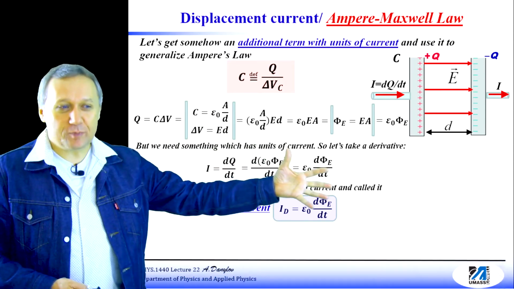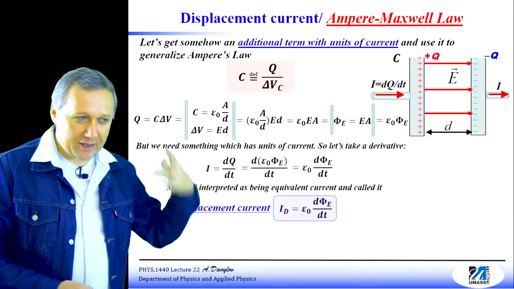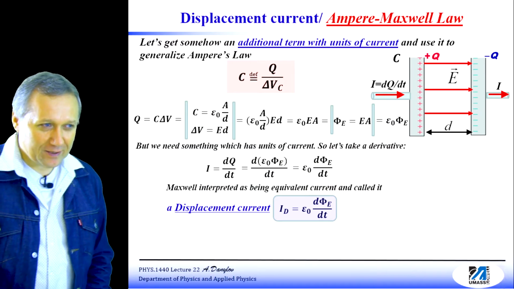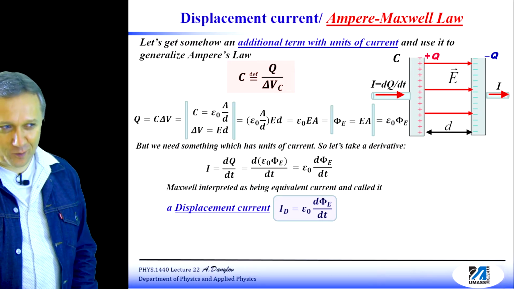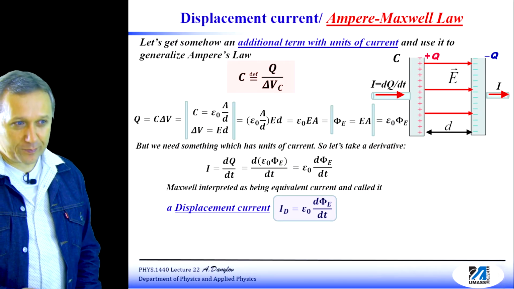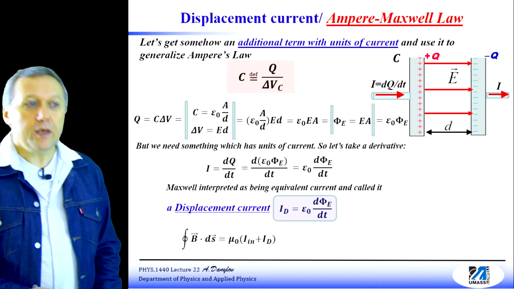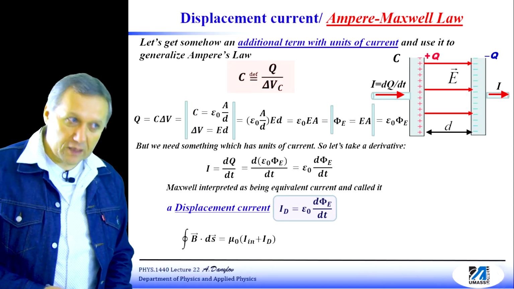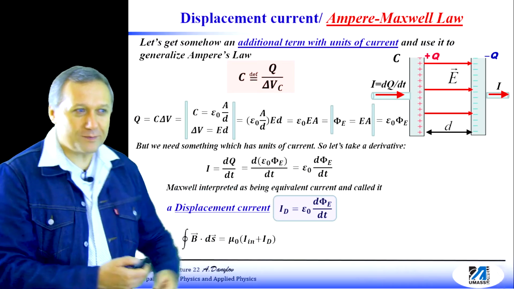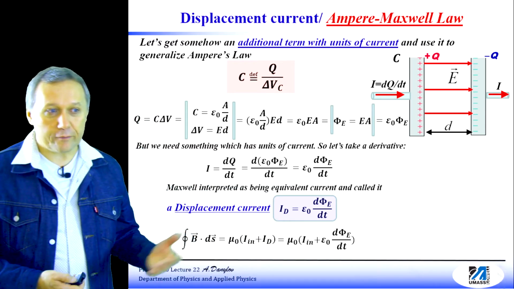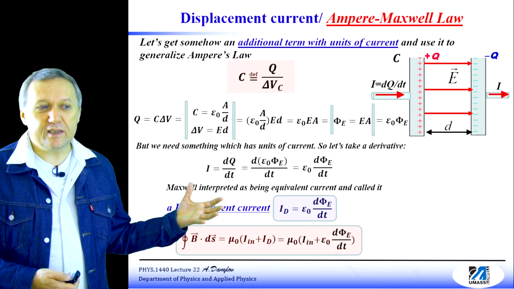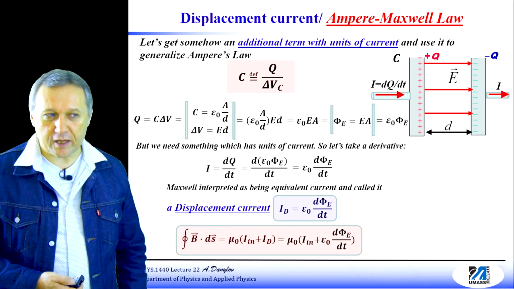But anyway, he introduced this displacement current and decided to add it to the right-hand side of Ampere's law. Since he found the problem with Ampere's law and fixed it properly, so that it started working, of course his name was added to the name of this law.